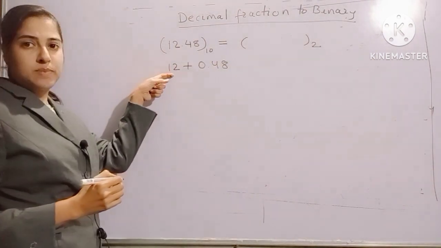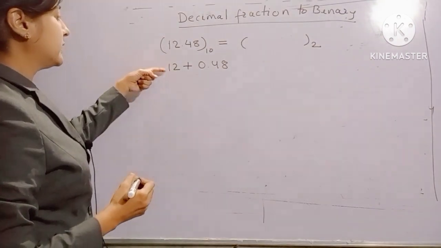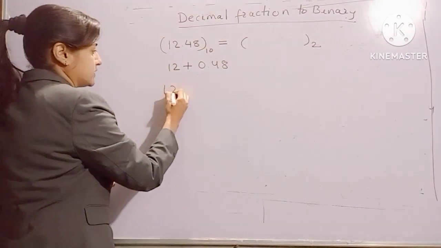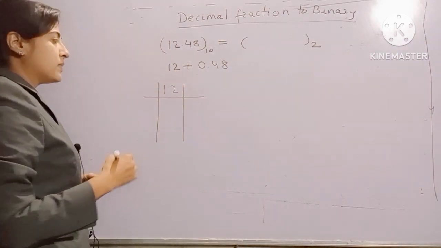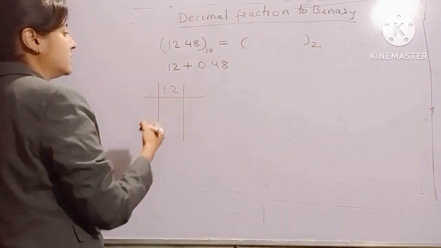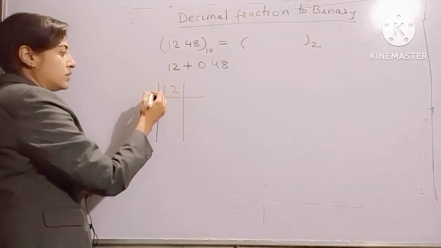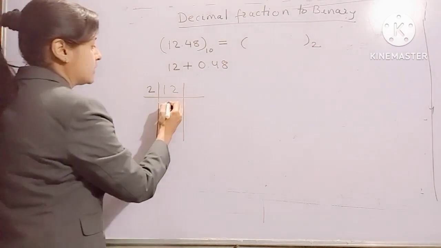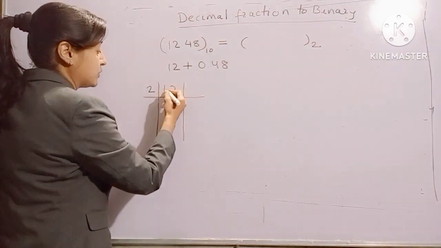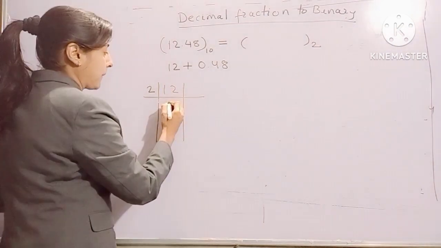This is the integer part. How to convert this integer part into binary? We know this process. We have seen this in the earlier video. So without wasting much time, I'll directly write the steps. We have to keep on dividing the number by 2.